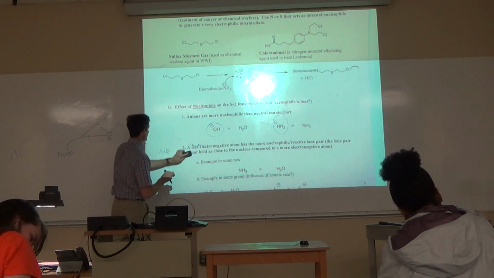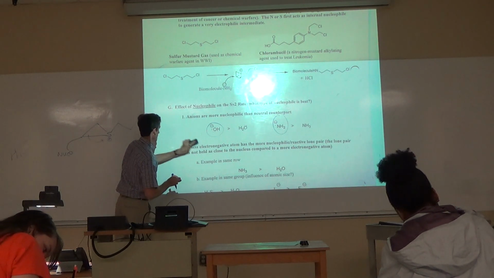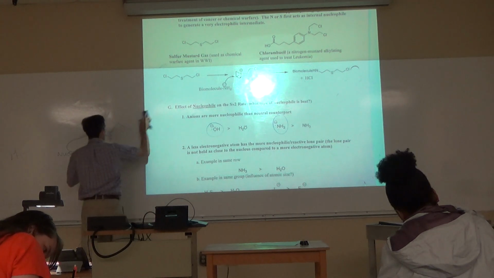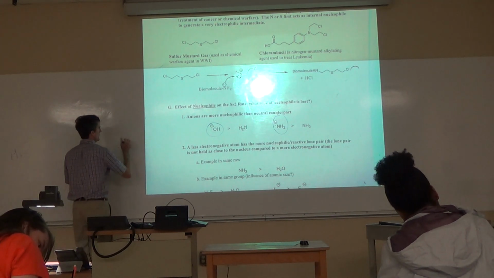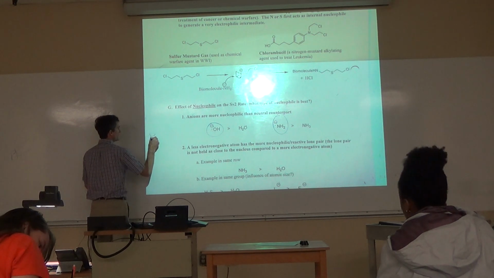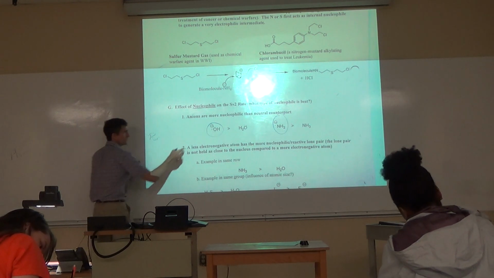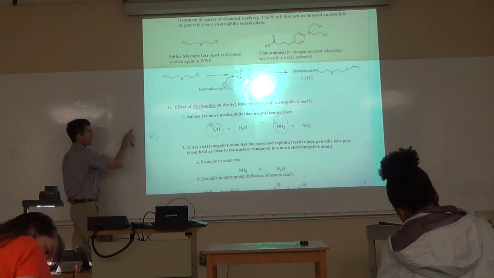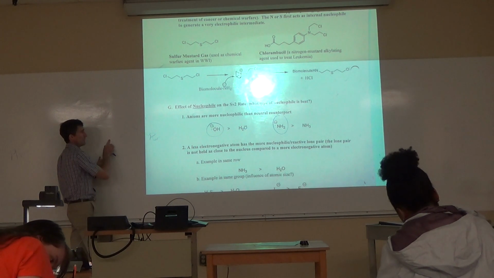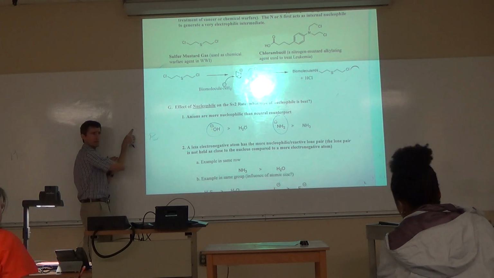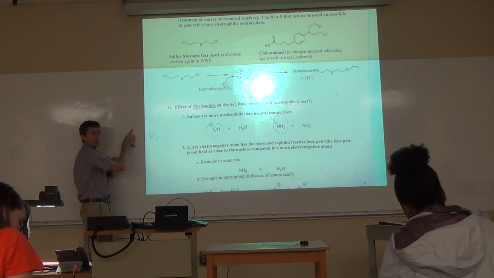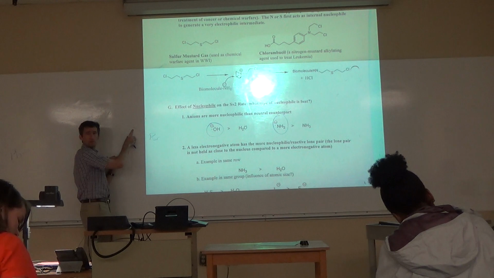The question is basically, if we have something like this, which one of these is going to be more attractive to this carbon? By the way, did we even mention why it would be attractive to this carbon? The carbon's not a plus, is it?